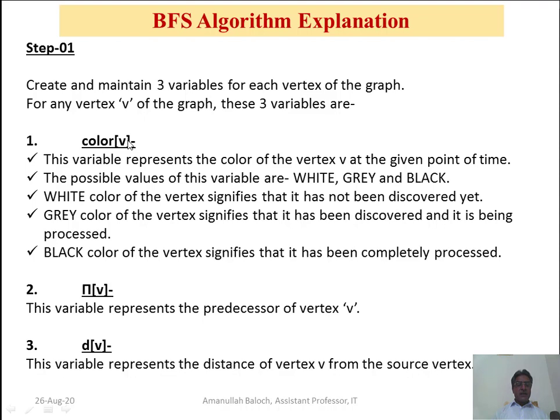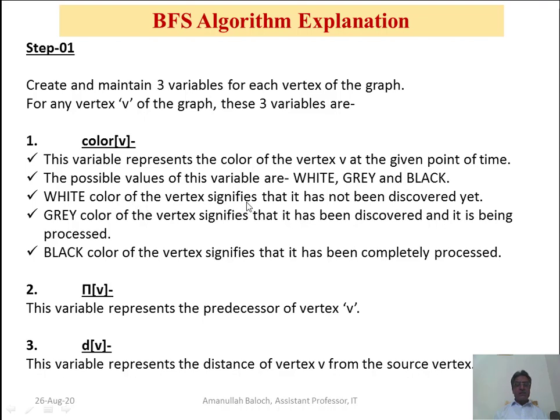Initially, the color of a vertex will be white, then during processing its color will become gray, and at the end, when it becomes part of the tree, its color will become black.